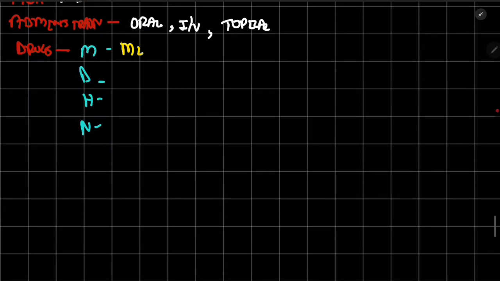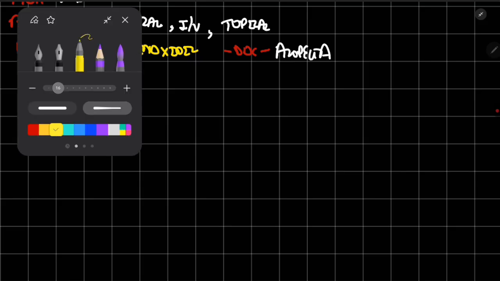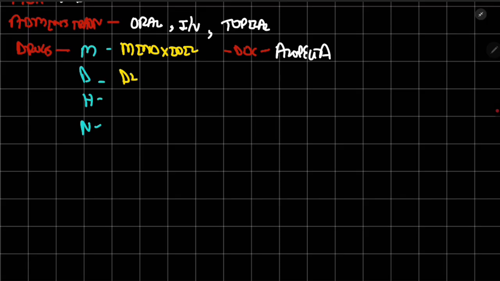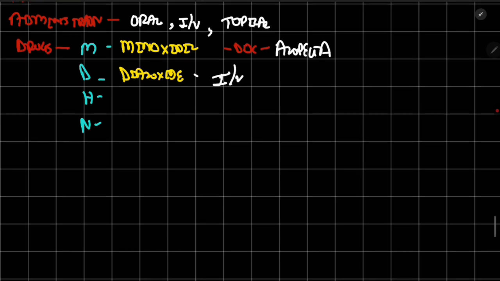M is minoxidil. It is the drug of choice for alopecia, topically. Then we have diazoxide. Diazoxide is an IV drug, and IV drugs are used for emergency.